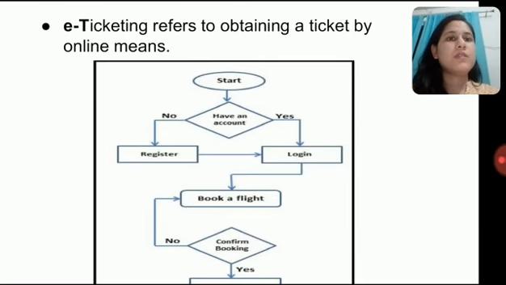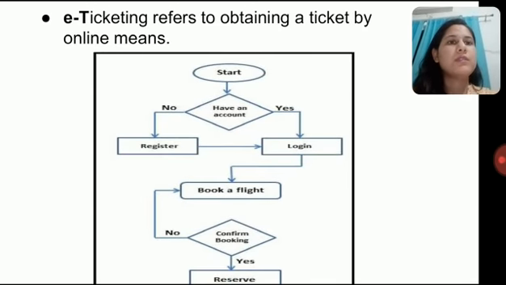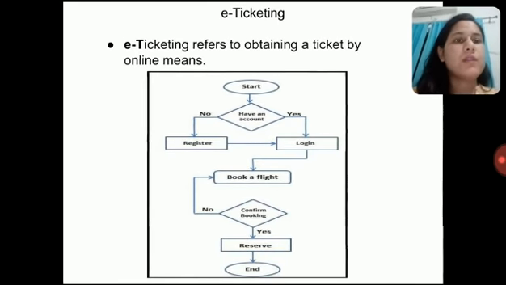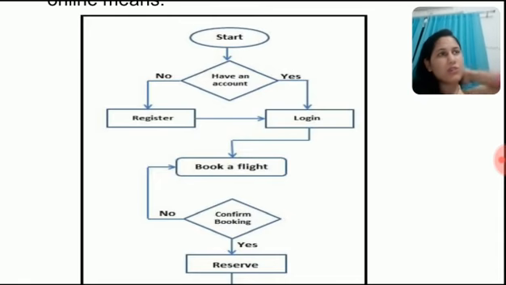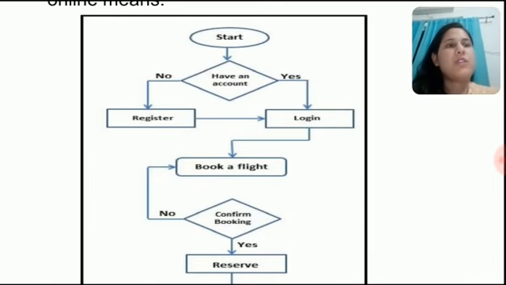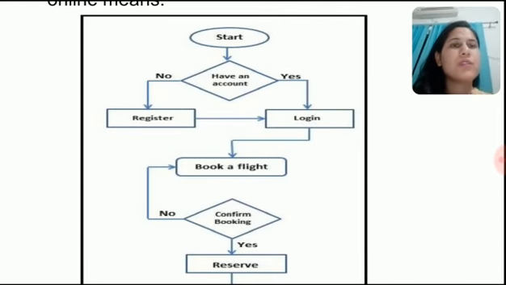See here, e-ticketing is given. The next one, there is a flow chart given showing how e-ticketing is done. See, start, do you have an account or not? But let's talk about IRCTC, where you make reservations in the railways. You want a reservation, so their site will be IRCTC.